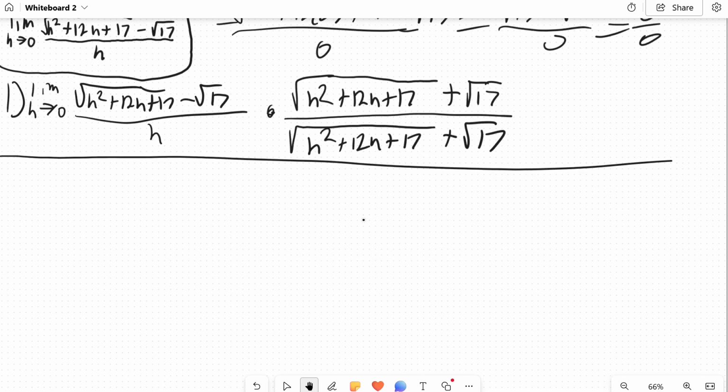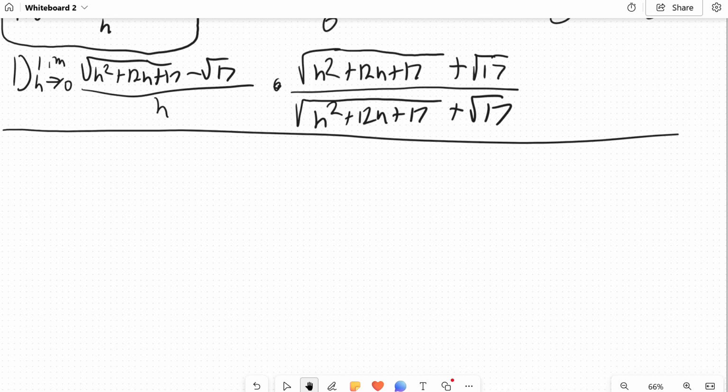For step 2, let me move this down. We take our limit as h approaches 0. I forgot to add the equal sign up here. Sorry about that, y'all. And we simplify our numerator.